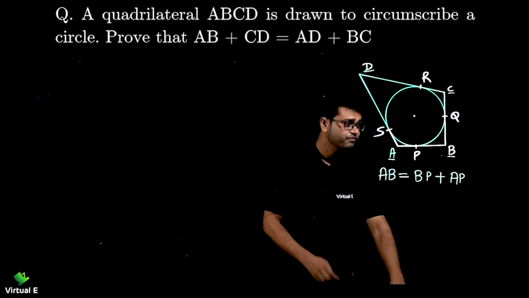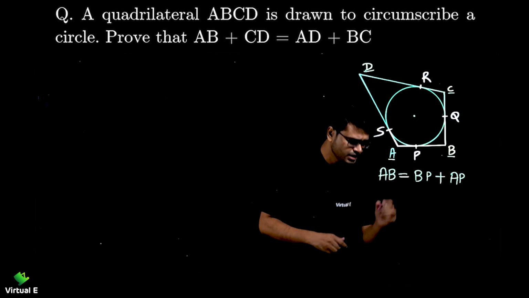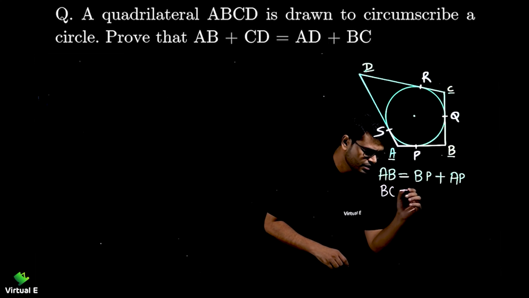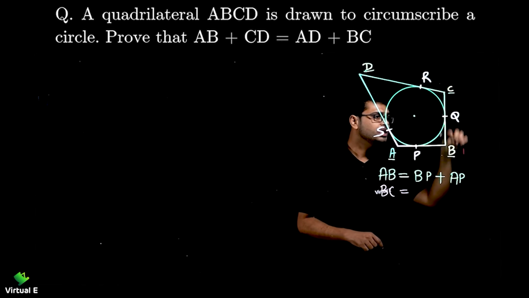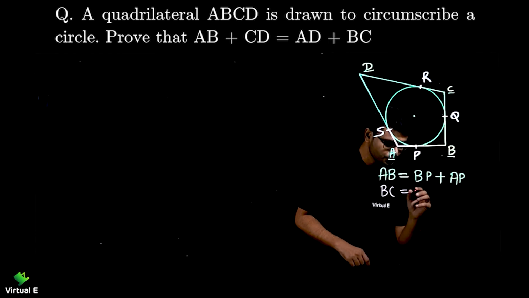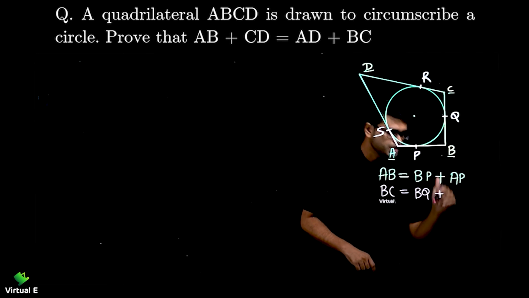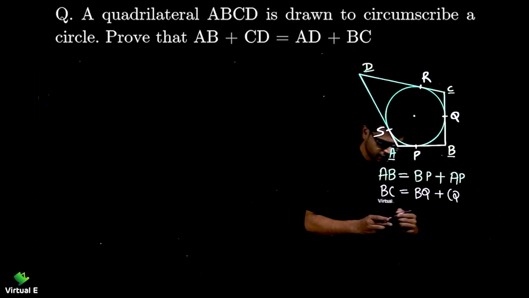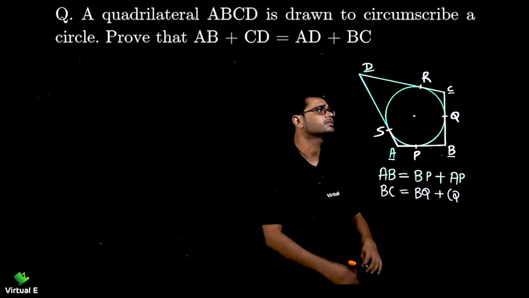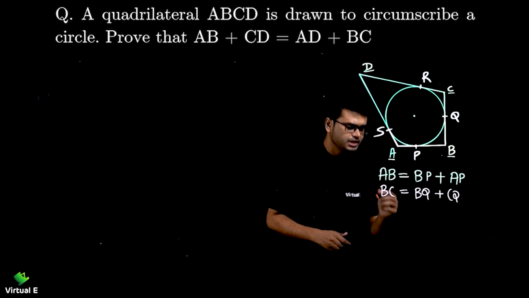Can I write the same for the side BC? Let's write for BC. BC is equal to BQ plus this one which is CQ. Okay, done. Now let's write for the third side which is CD.